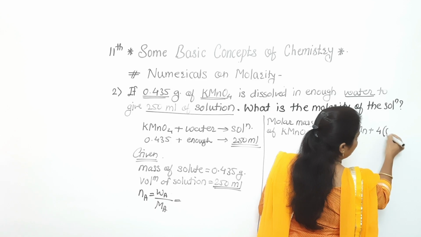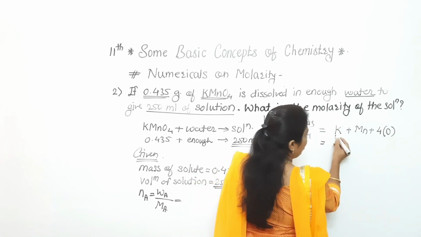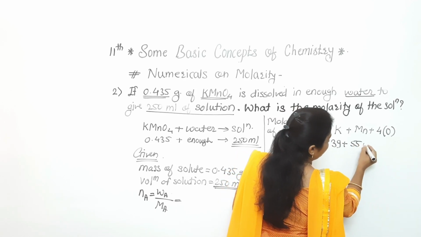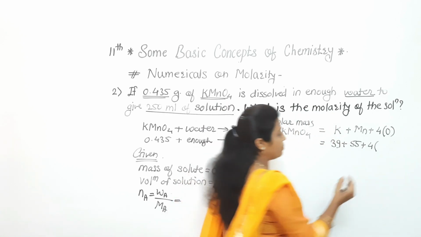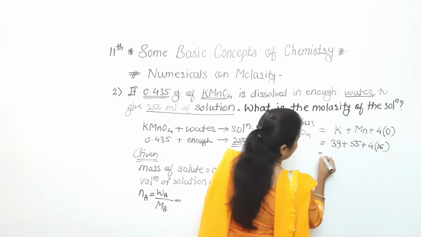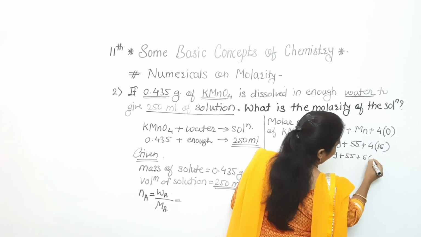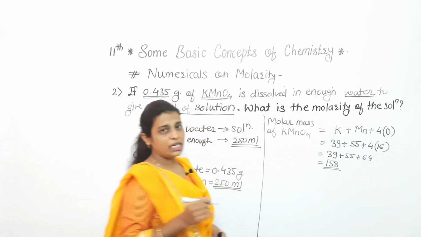So 4 into O, it is not 0, it is O for the oxygen. Potassium, its mass number is 39. For manganese it is 55 plus 4 into, for oxygen mass number is 16. So in this way 39 plus 55 plus 64, it gives the answer, that is 158.